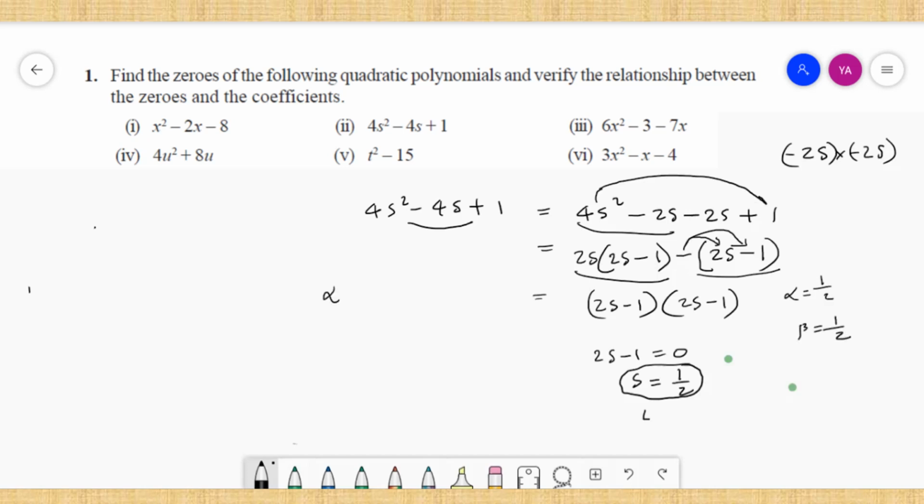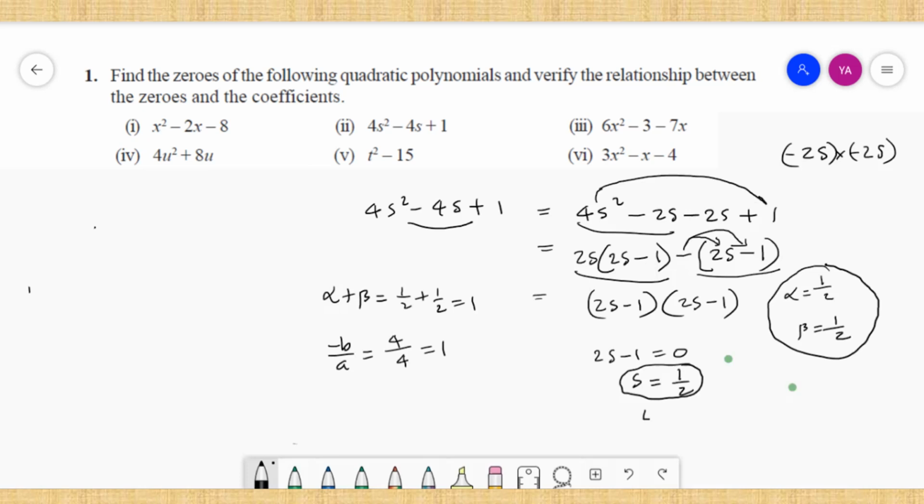Their sum, alpha plus beta, is 1 by 2 plus 1 by 2, which is 1. And minus b by a is 4 by 4, which is 1. So alpha plus beta equals 1 and minus b by a is also 1. The first relationship is verified.